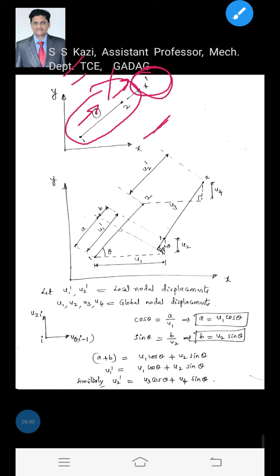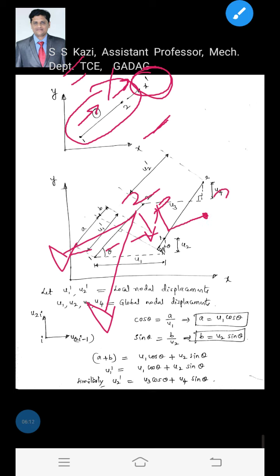For example, we took the example of a 2 bar truss. Due to the load P applied, it is going to deform like this. Node 2 will attain the new position like this. Along the element, the deformation will be like this.